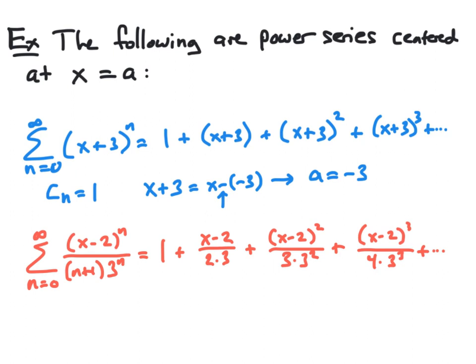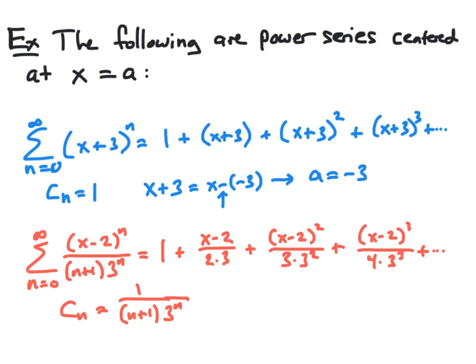Our second example is the sum n equals 0 to infinity of (x minus 2) to the n divided by (n plus 1) times 3 to the n. Here our coefficient c_n will involve the number n, and it's going to be the number with (n plus 1) times 3 to the n in the denominator and 1 in the numerator.